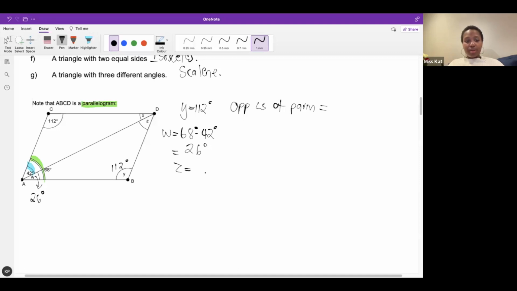Z equals 42 degrees because they're alternate angles. Which ones are parallel? AC parallel to BD. And then again, X is equal to 26 degrees. What's my reason, guys? What's my reason? Yes, Kwezi.